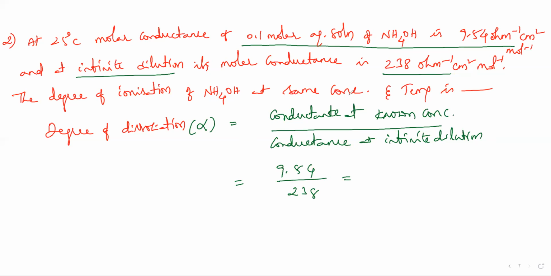So find out that value, 9.54 by 238. What you will get is 4.008%. Done, sir.